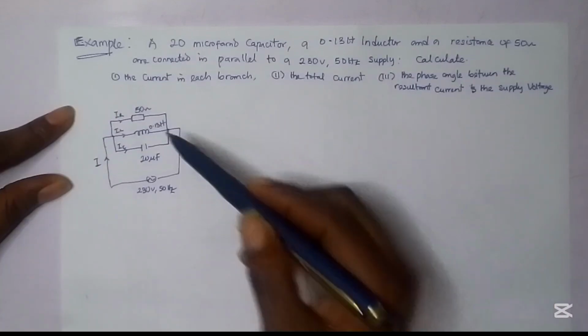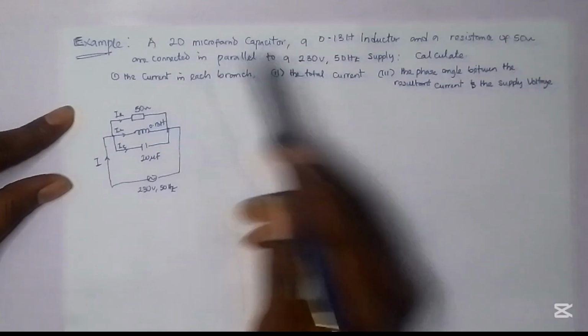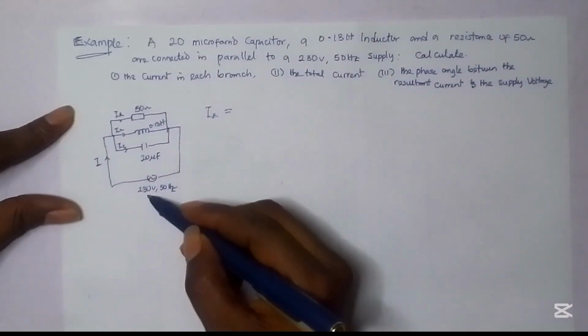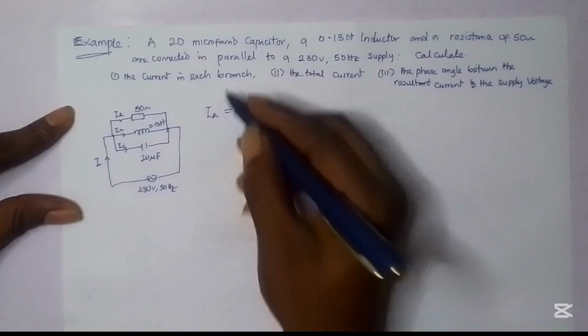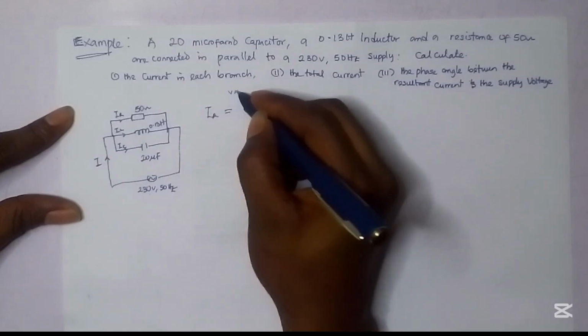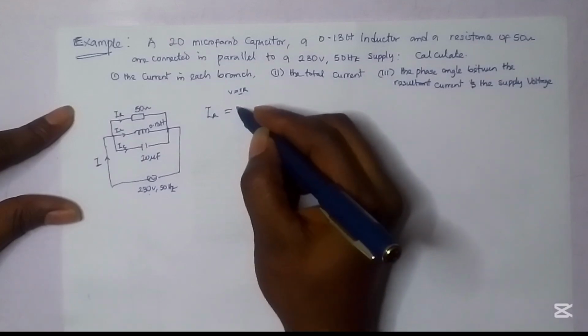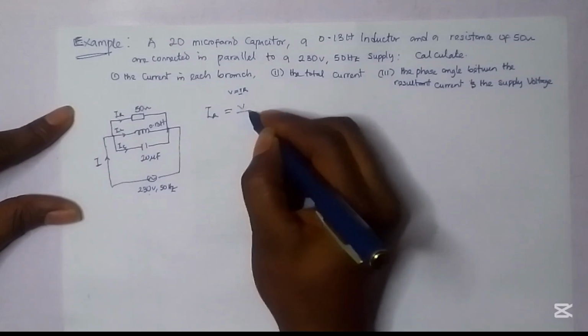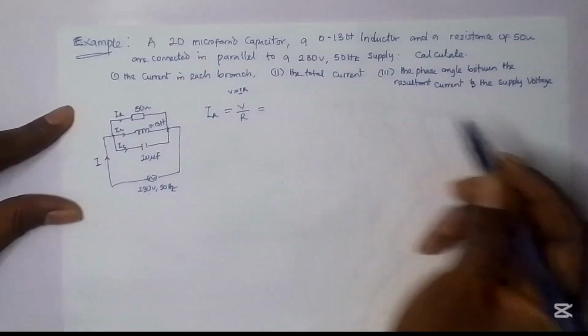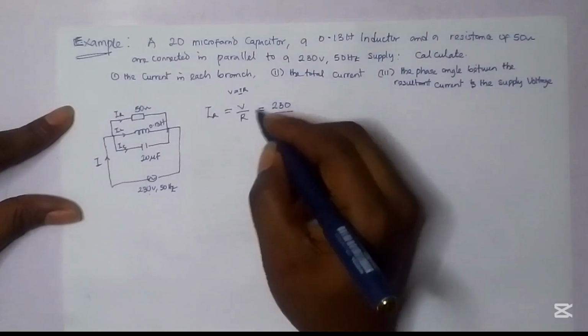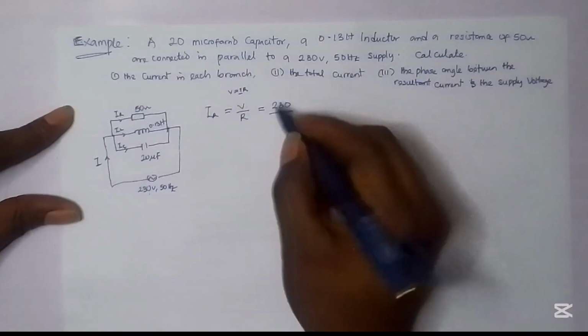So let's start with the current flowing through the resistor, which is IR. This can easily be gotten from the value of voltage using our Ohm's law. So the value of current can simply be gotten from V over R, which is straightforward: 230 divided by the value of our resistor, which is 50.